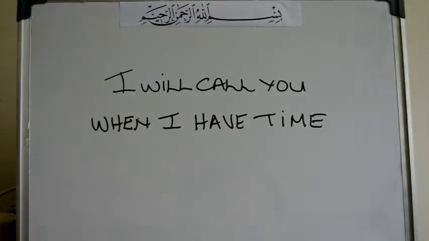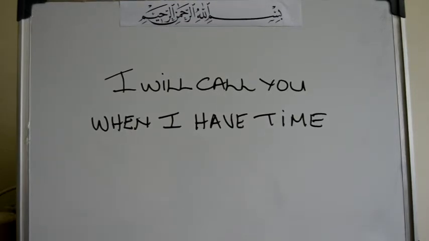I will call you when I have time. The first part of the statement is expressing the future, I will call you. Then there is a conjunction of time, when, plus the present simple, I have time.